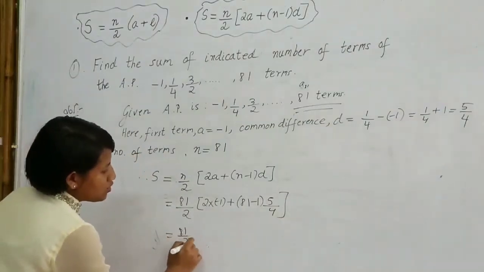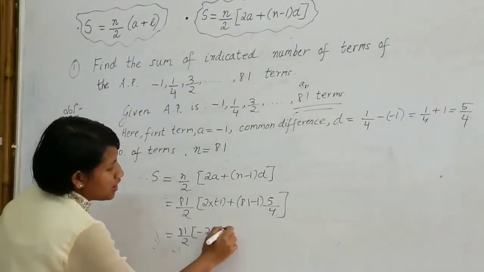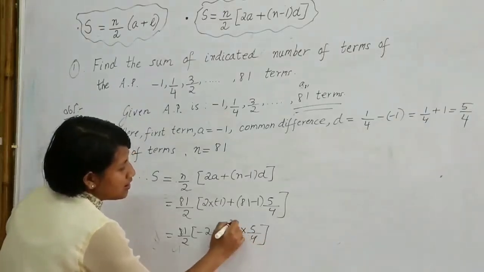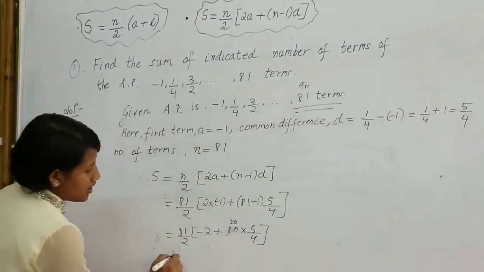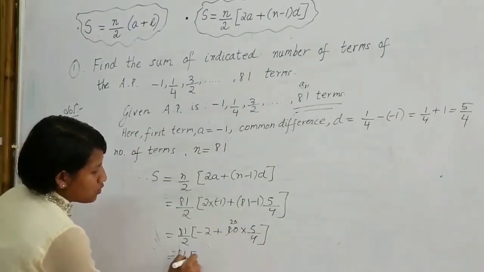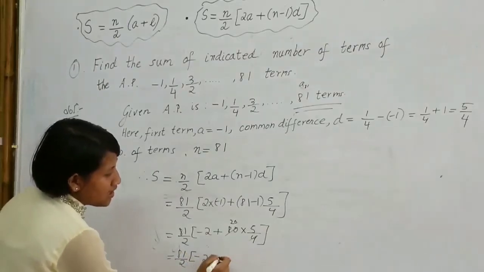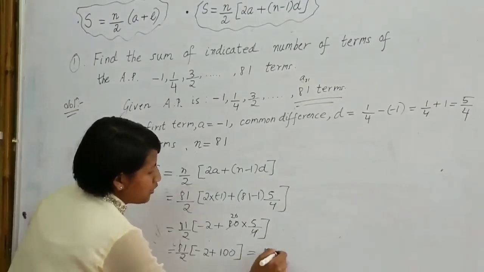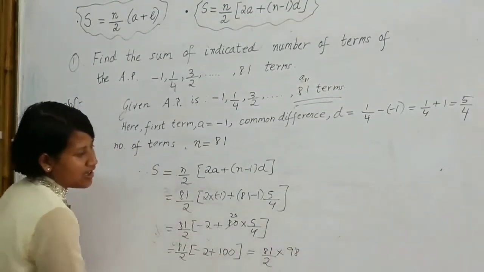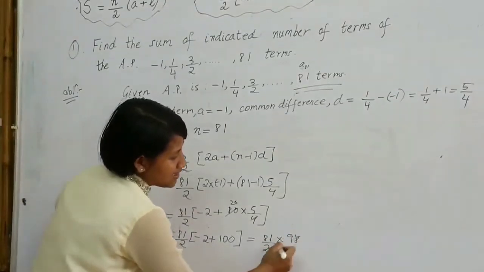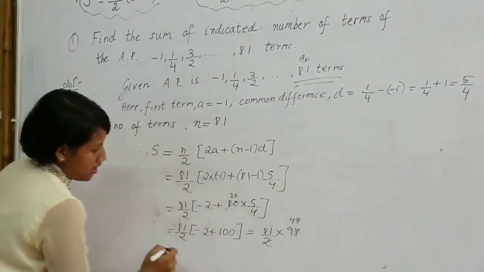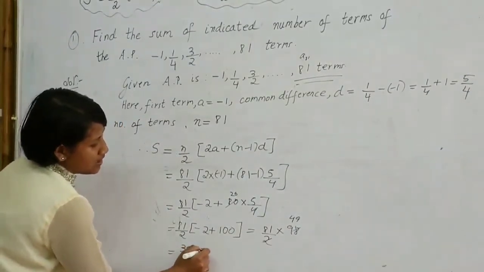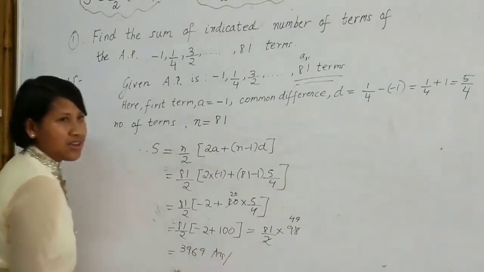Then 81 by 2, we get -2 here, 80 bracket means multiplication. This you cancel, you get 20. So 81 by 2 into (-2 plus 100). When you calculate this, you will get 98. You can cancel 2 and 98, you get 49. When you multiply this and this, you will get 3969. So this is the answer.